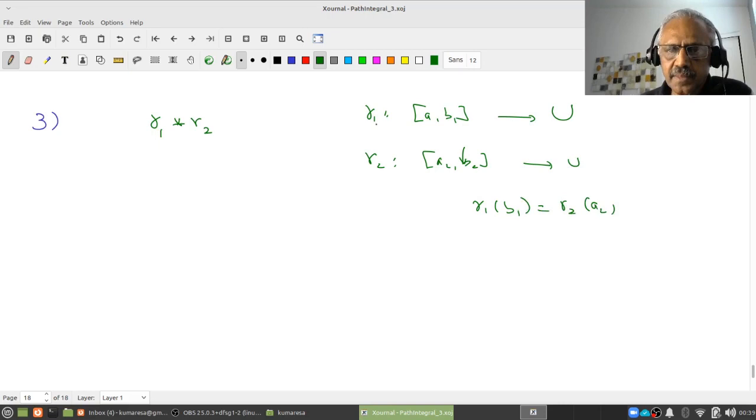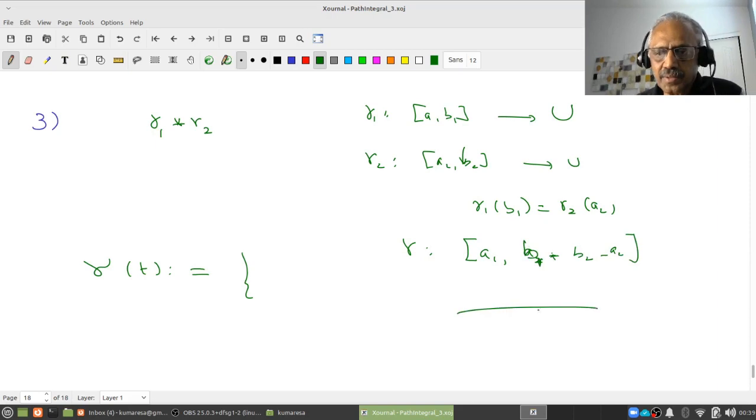The end point of the first path is the starting point of the second path. So we define gamma, which was from a1 to b1 plus b2 minus a2.